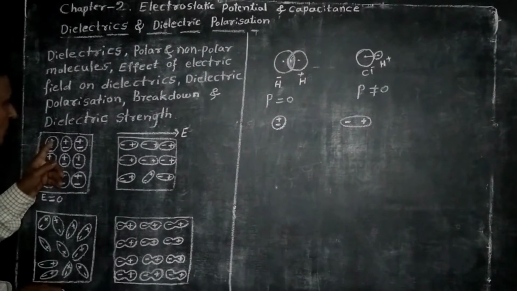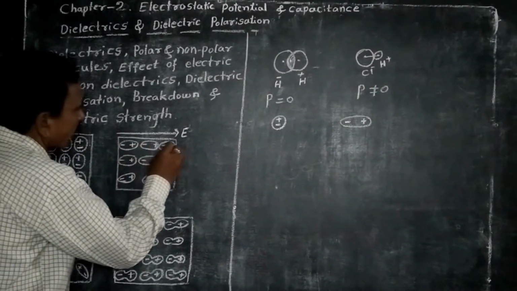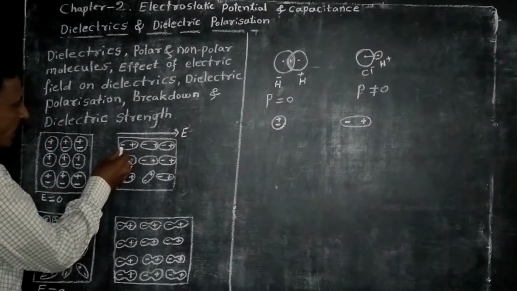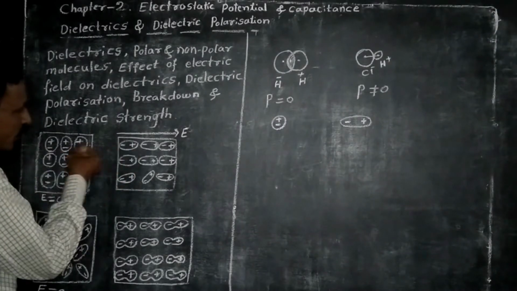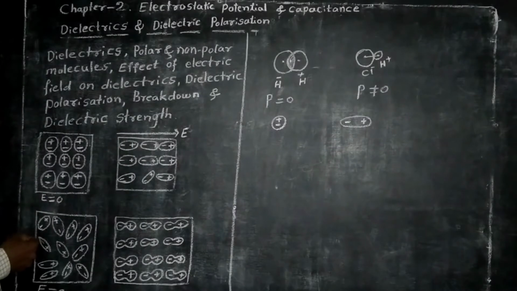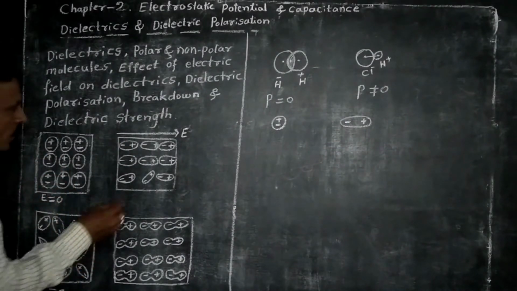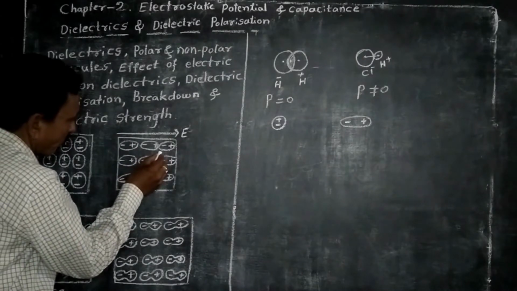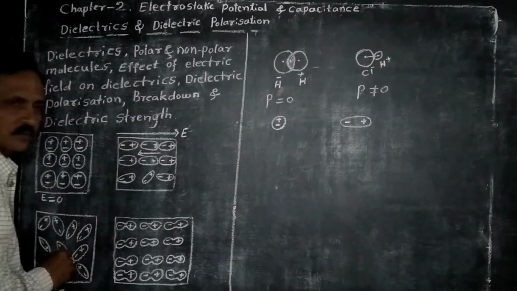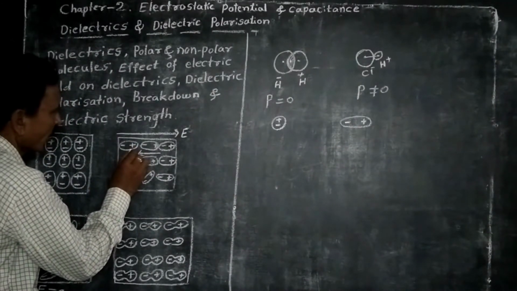The positive charges are attracted in the direction of the external electric field, and the negative charges are attracted in the opposite direction to the applied electric field, and as a result an opposite electric field is induced in the slab and is represented by EI.